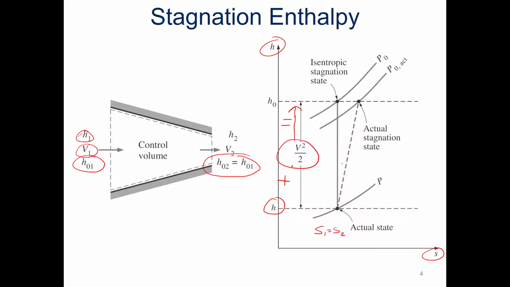In reality, there's going to be some entropy increase, so we shift over here, but we'd still have the same stagnation enthalpy. It would just be at a lower pressure. So just keep that in mind as we move through it. Again, this is a visual perspective of what the stagnation enthalpy is: our initial enthalpy plus this kinetic energy component.